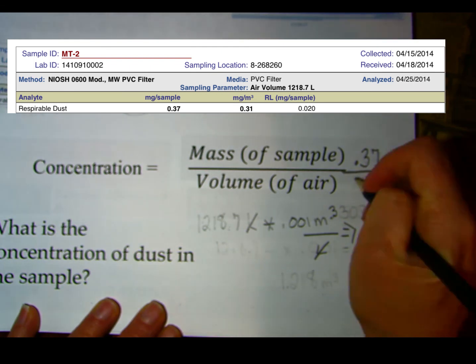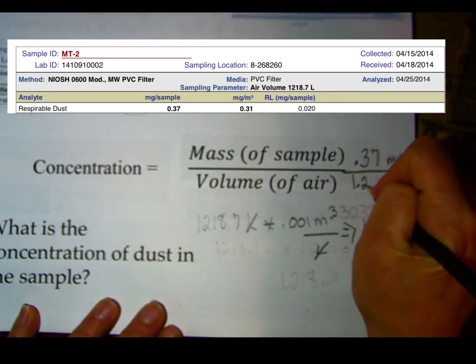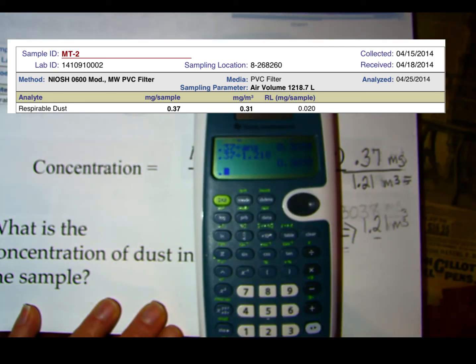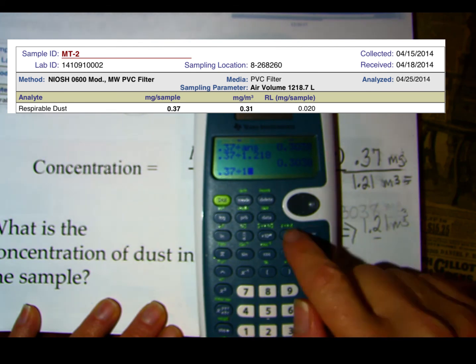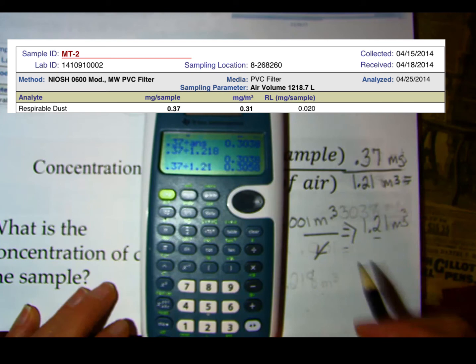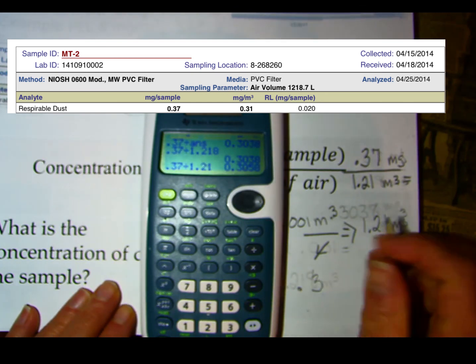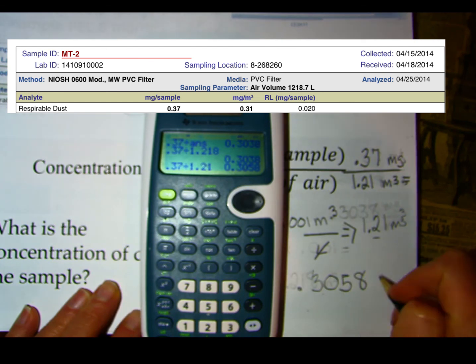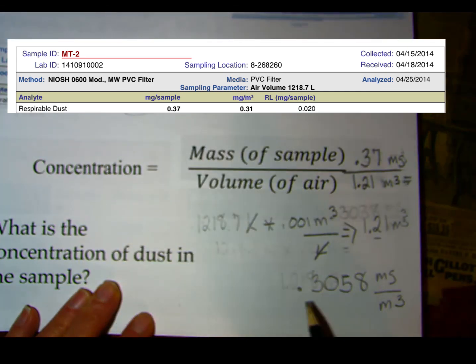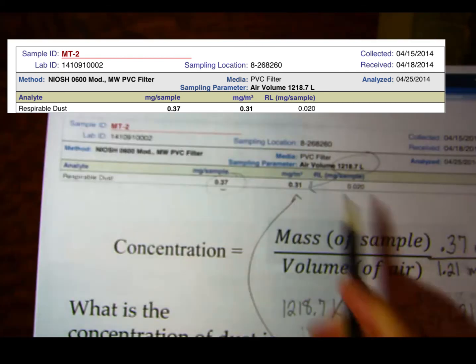And when I place this over my sample volume and I do the math, I'll get 0.37 divided by 1.21, and that'll give me 0.3058 milligrams per meters cubed. And you can see that they rounded up.